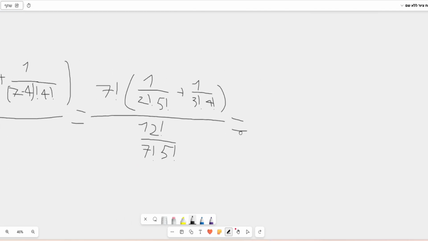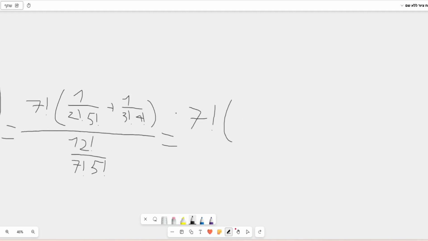Now we're going to do a common denominator. Let's look at the 5 factorial and the 4 factorial. I only needed to multiply the 4 factorial by 5 to get to 5 factorial, and with the 2 and 3, I need to multiply this by 3 and this by 3 to get to 3 factorial, so I have a common denominator.